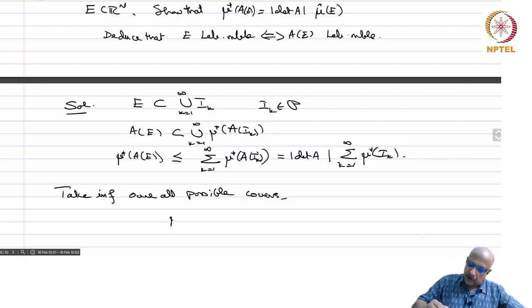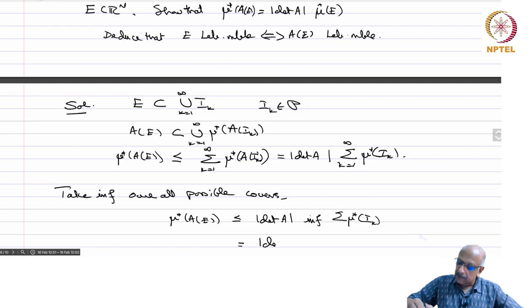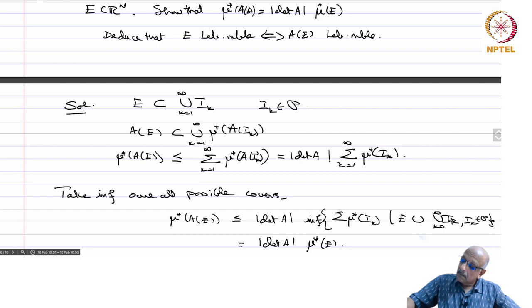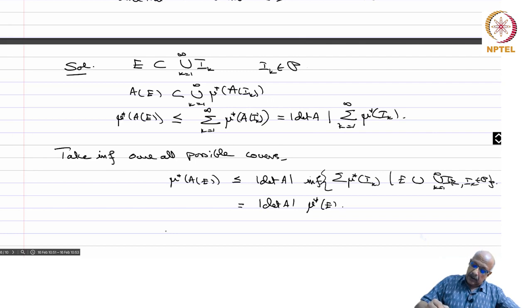So you get mu star of AE, this is still a lower bound, less than or equal to mod determinant of A times the inf of the sum of mu star of Ik, and that is equal to mod determinant of A mu star of E. Now A inverse is also a non-singular thing.